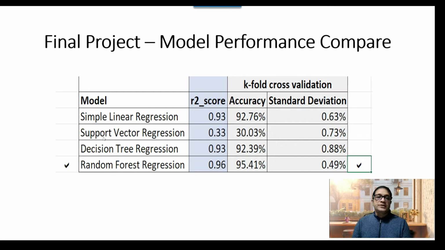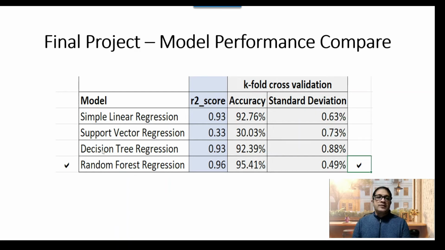Now, compared to the next one, which was support vector regression, I was kind of surprised actually. Keeping everything the same, the performance was quite low with support vector regression: 0.33, and for accuracy 30.03%, very low, and 0.73% standard deviation.